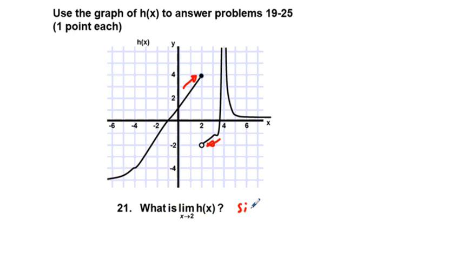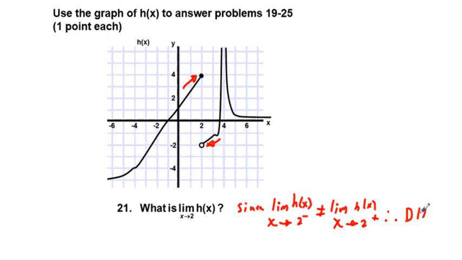And since the limit as x approaches 2 from the left side of h of x does not equal the limit as x approaches 2 from the right side of h of x, we conclude that the limit does not exist. I'll just put DNE, does not exist.